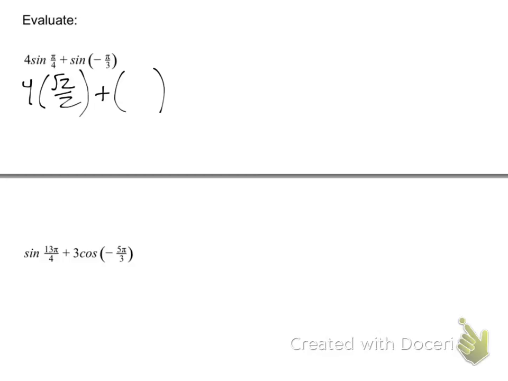What's the sine value at 300? It's a negative square root of 3 over 2. Are we seeing those guys? I took it one step at a time.